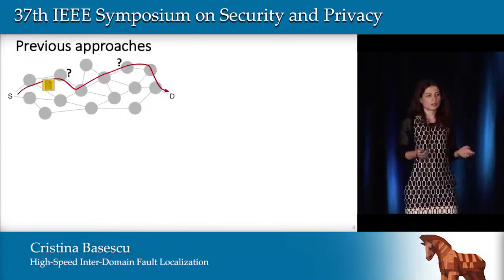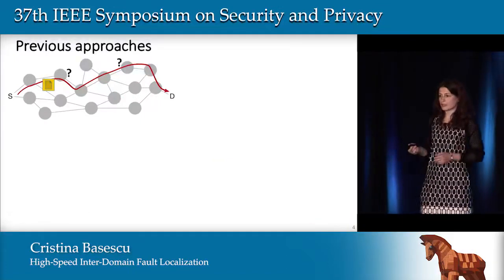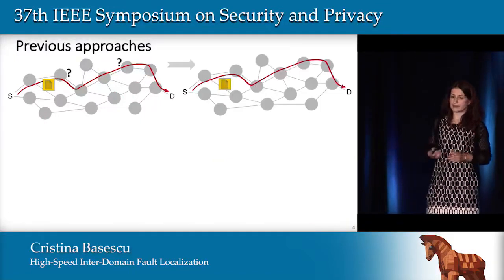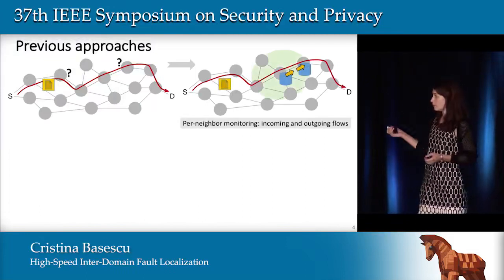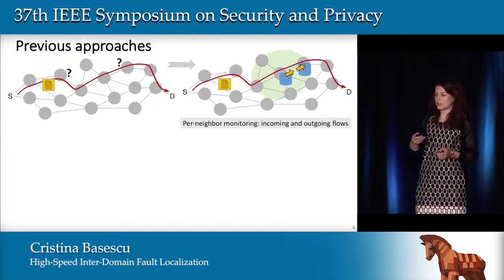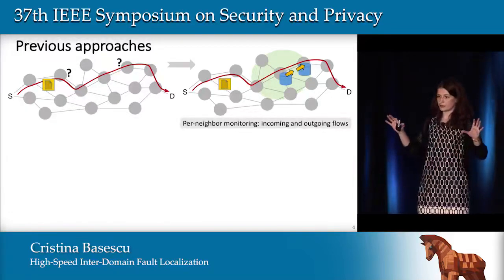Well, typically, to localize faults, nodes store summaries of the traffic that they observe. And in some of the approaches, for instance, you see here neighboring nodes, they store summaries of the outgoing and incoming flows. And then they compare their views of the world.